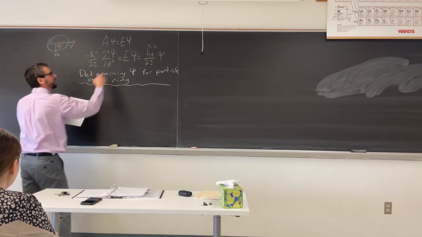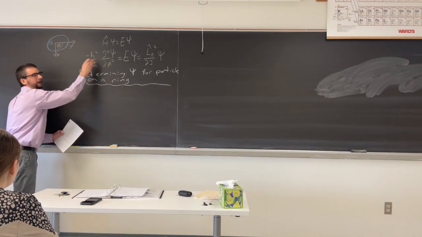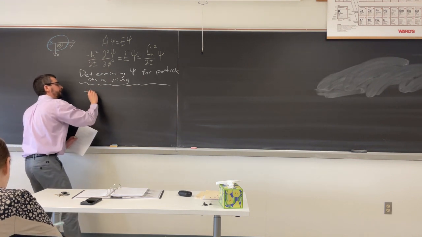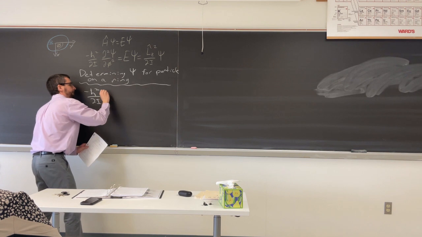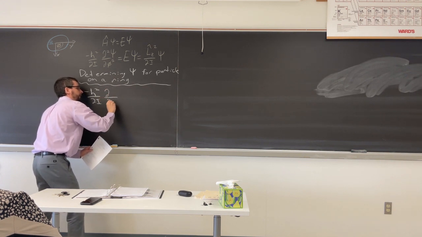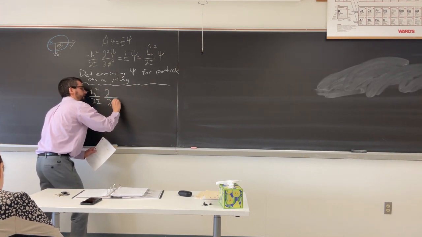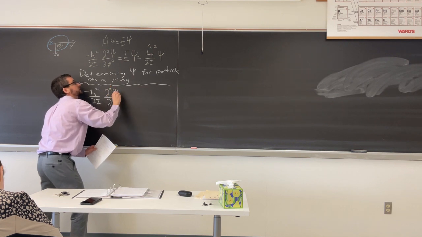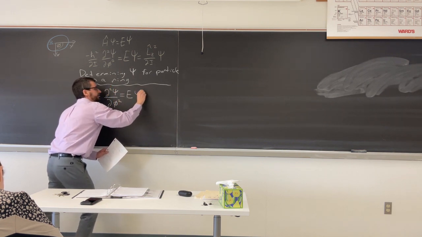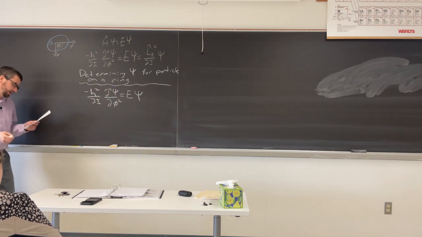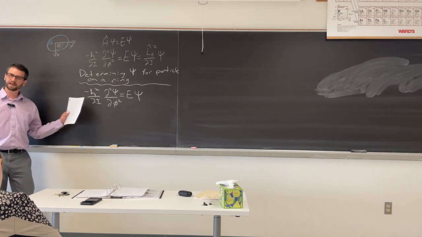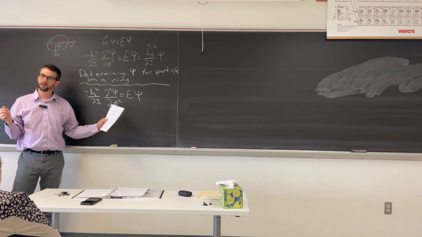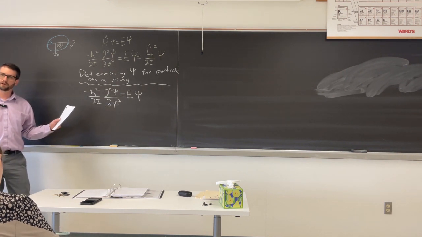We could go operate with either one of these. I want to go with this guy. So phi squared psi is equal to E psi. Okay. Right now, does this look like an eigenvalue eigenfunction relationship?